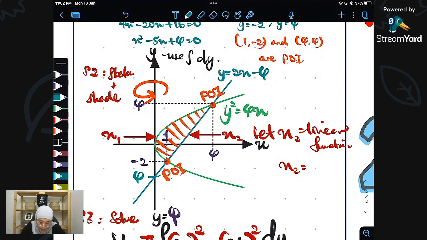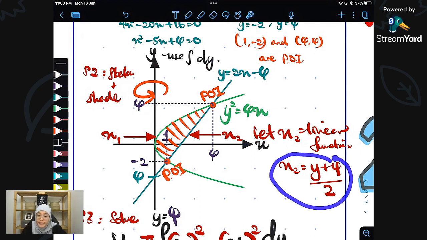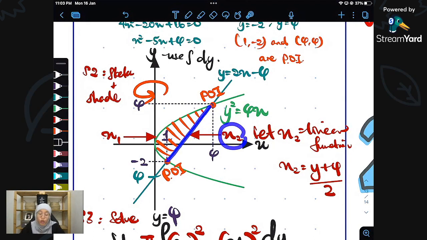So I write down here, my x2 now has become y plus 4 over 2. So this is my x2 function. Saya yang pilih linear saya sebagai x2. Saya yang pilih. You boleh pilih x1, terpulang. Okay, but I choose it as x2, my choice.